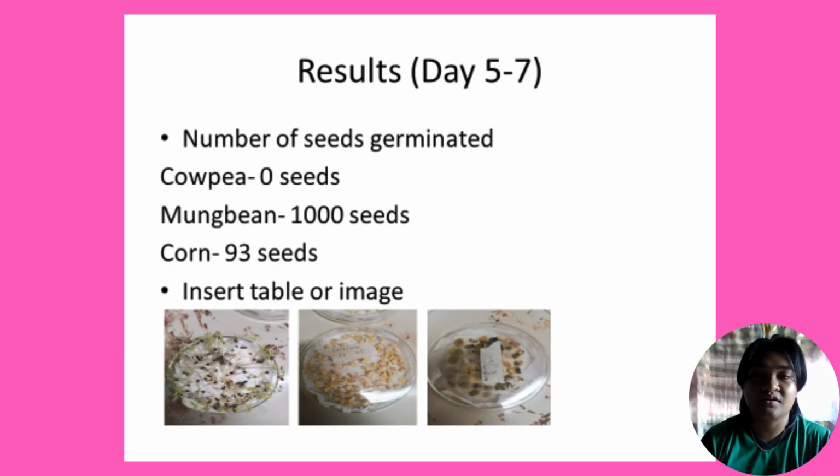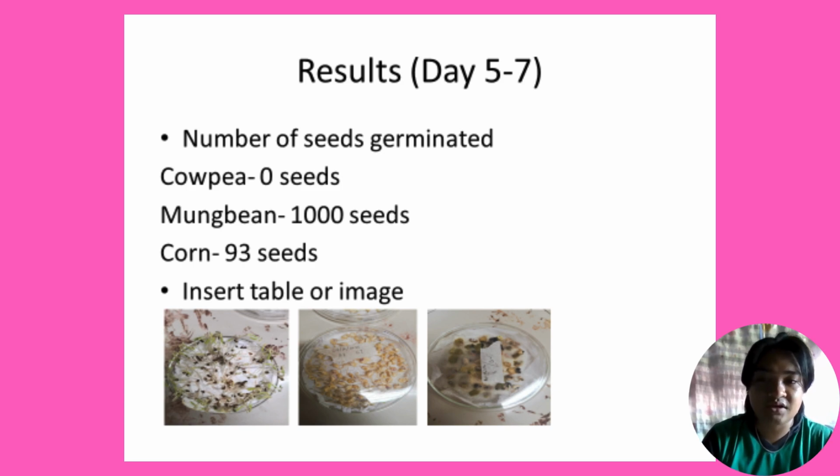The results of the germination on days 5 to 7. The conducted tests for the seeds, based on our observation, showed that the number of seeds that germinated varied among the crop samples.